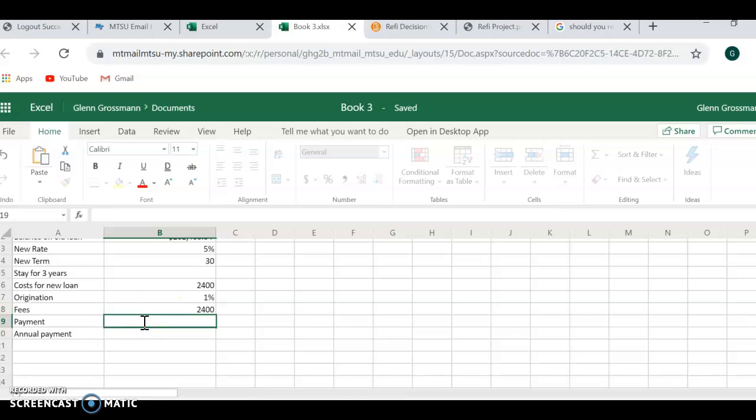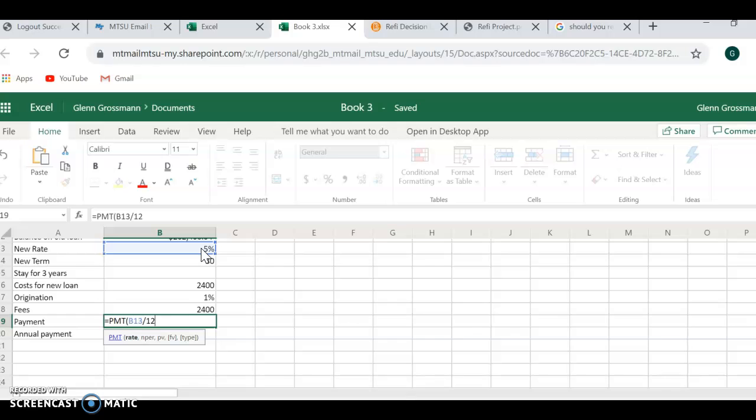Now to get our payment, what we'll do is we'll take our new rate, which is 5%, so it's less than the last one. Divide that by 12.